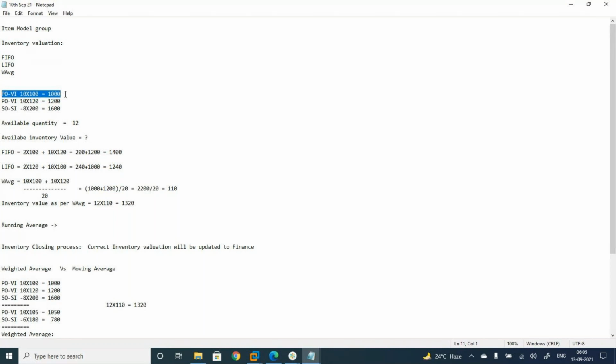If 8 are dispatched, we have two left. So 2 plus 10, 12. For 2 quantity, what is the price? 2 multiplied by 100, 200. Am I right?